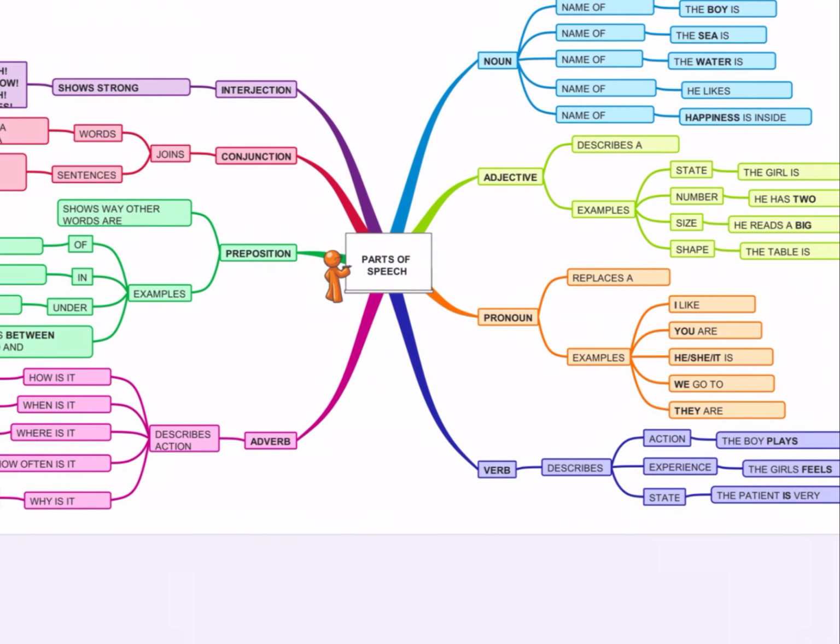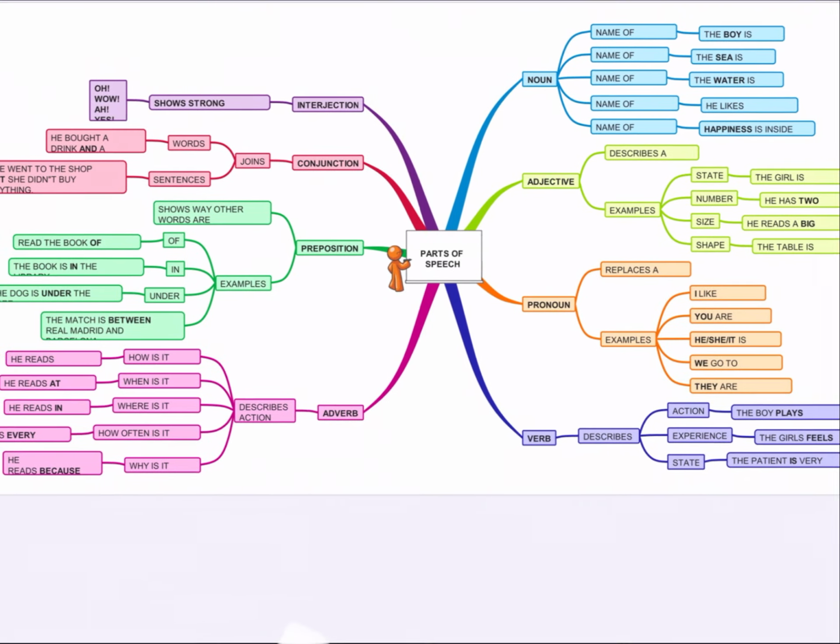They are the past, present, and future. That's how we talk about different times, and to do that, we change the forms of the verbs. So what's a verb? It's a word that shows an action or state or experience.